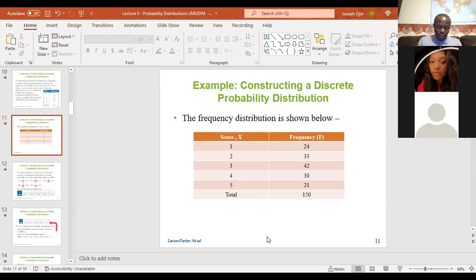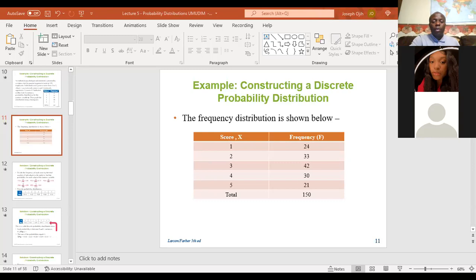Then I'm going to write 24 for the score 1, 3 for score 2, and 42 for 3, 30 for 4, then 21 for 5. Once you have this, we get a corresponding frequency. So let me put total frequency.